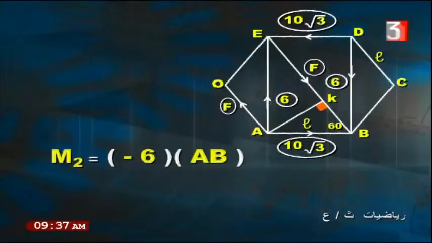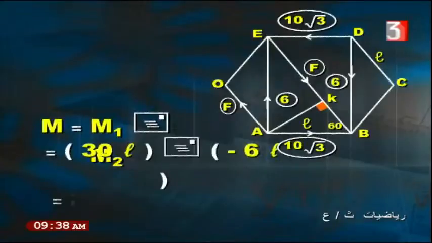Because the direction of the couple, or the direction of the two forces 6 and 6, is clockwise, with a negative sign. Therefore, negative 6 times L. AB is L, the side of the regular hexagon. This is M2. M equals M1 plus M2 equals 24L.